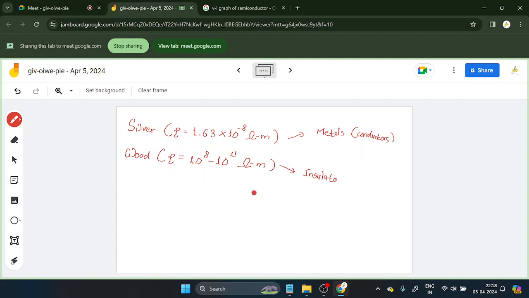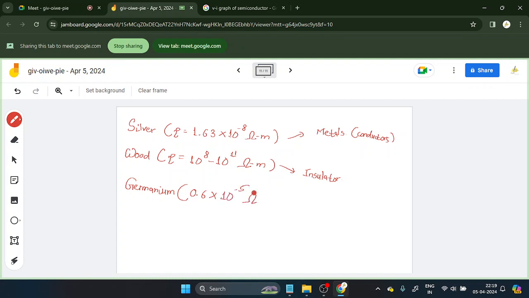There is another category called semiconductors. For semiconductors, it is neither really very low nor really very high, but in between. For example, graphite is a semiconductor. Let me give you one example of a semiconductor, that is germanium. For germanium it is 0.6 into 10 to the power minus 5 ohm meter.